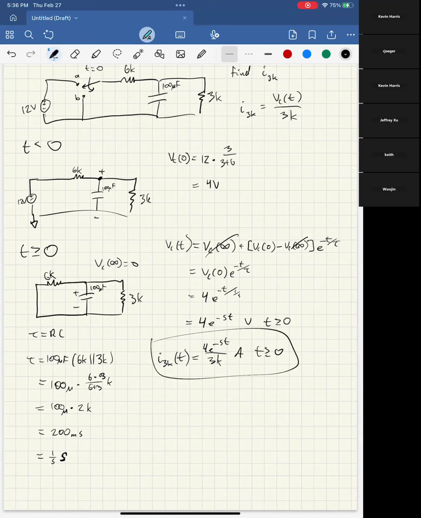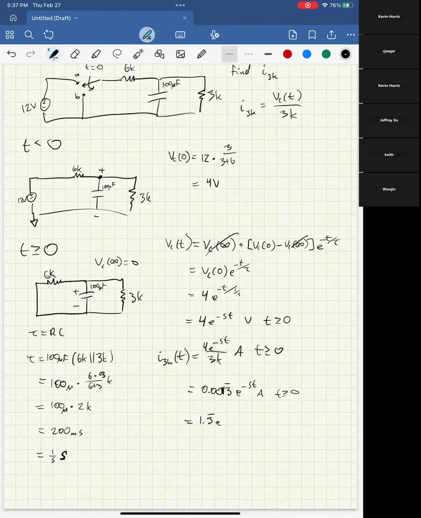If you want to actually divide it out, which you probably should, it would be 0.0013 repeating, where just the 3 is repeating, e to the negative 5t amps, which if you want to be really cool, you can write as 1.3 e to the negative 5t milliamps for t greater than or equal to 0. And yeah, so cool.